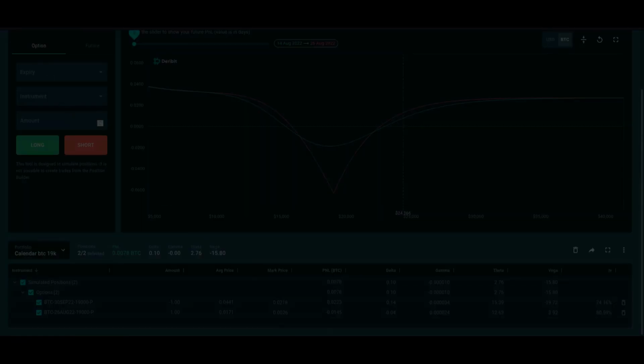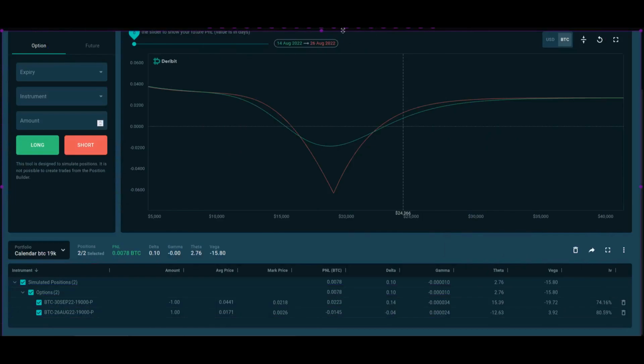Basically it's very simple. If you think that the asset will go, for example, 1000 price points, your insurance will cost, for example, $100.